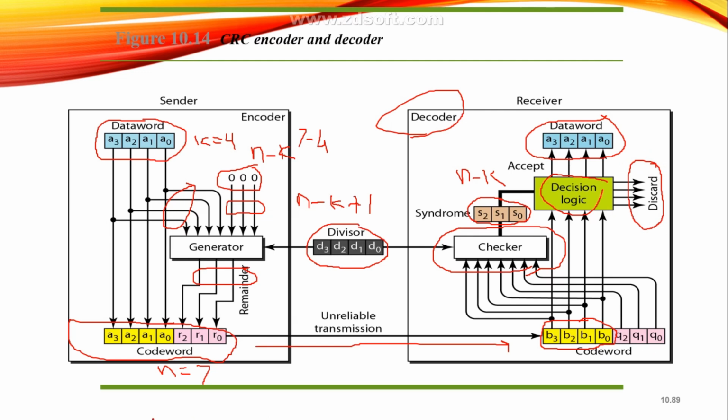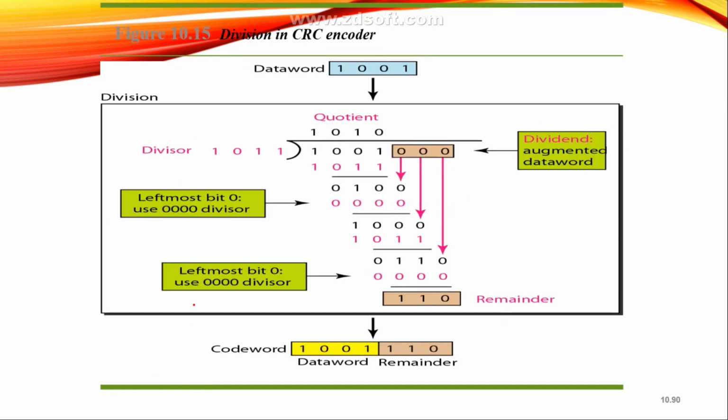So now we would understand this by taking one example. Suppose, as I already told, we have a data word 1001. Along with me, you also note it down in your notebook so that you can understand it.